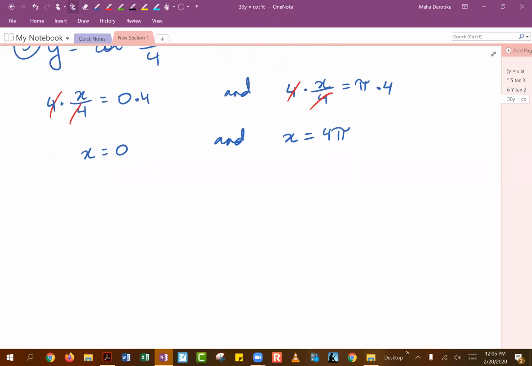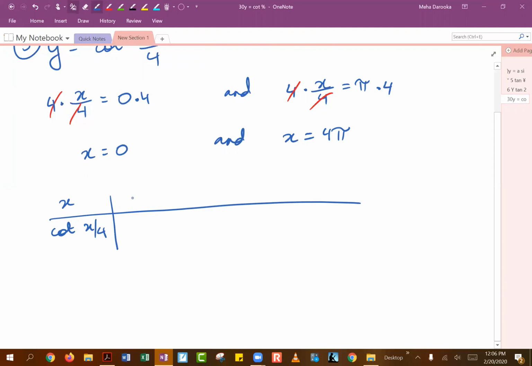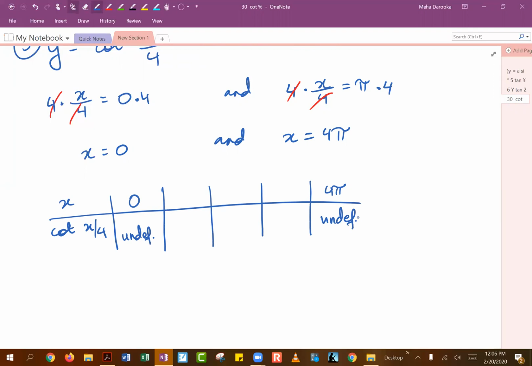Okay, let's find our values here. So at 0, we have our vertical asymptote. At 4 pi, we have our vertical asymptote. What would be the halfway point here? Very good.